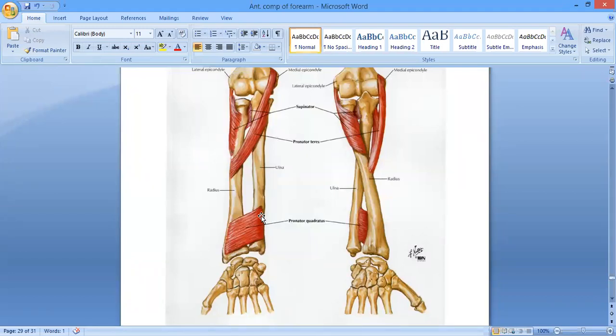I told you that on the anterior surface of the shaft of the ulna there is a ridge which runs downwards and medially, which shows the line of origin of the pronator quadratus muscle. Its fibers run obliquely downwards and laterally towards the lower one-fourth of the anterior surface of the shaft of the radius.